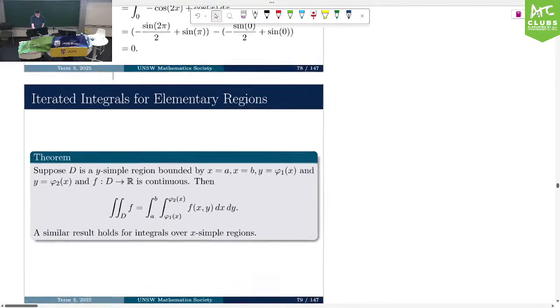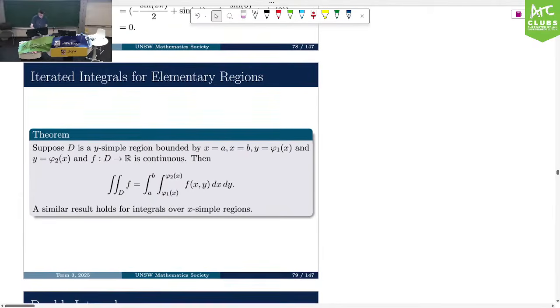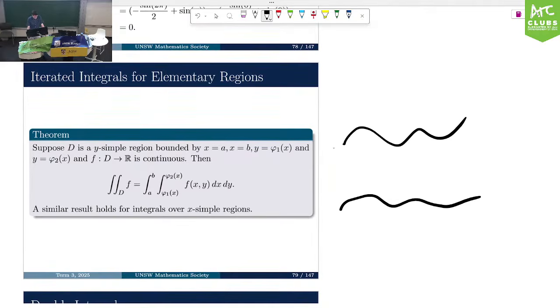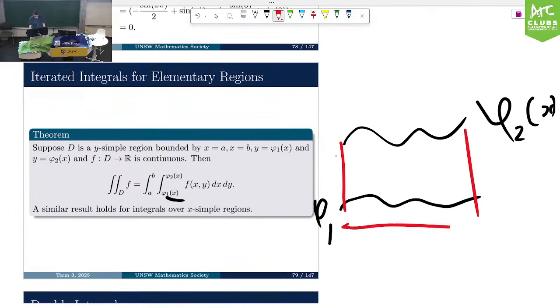And then we also may have the situation where we have slightly more complicated regions. For instance, if we have a region where we have a phi 1 at the bottom as a function of x, and a phi 2 as a function of x at the top. So we have a range of x values that we can go over, then our y values that vary depending on what our x value is.